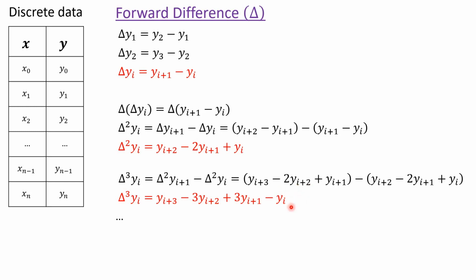In general, we get del raised to r operating on yi is equal to y(i+r); for del cube it is y(i+3). So for del raised to r it is y(i+r) minus rC1 y(i+r-1) plus, and so on, up to minus 1 raised to r yi. This is how the forward difference operator del operates on these yi's.